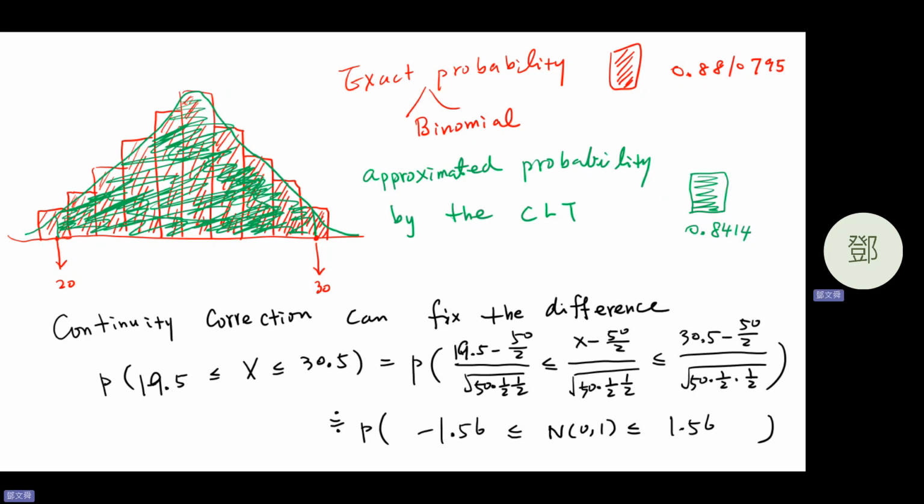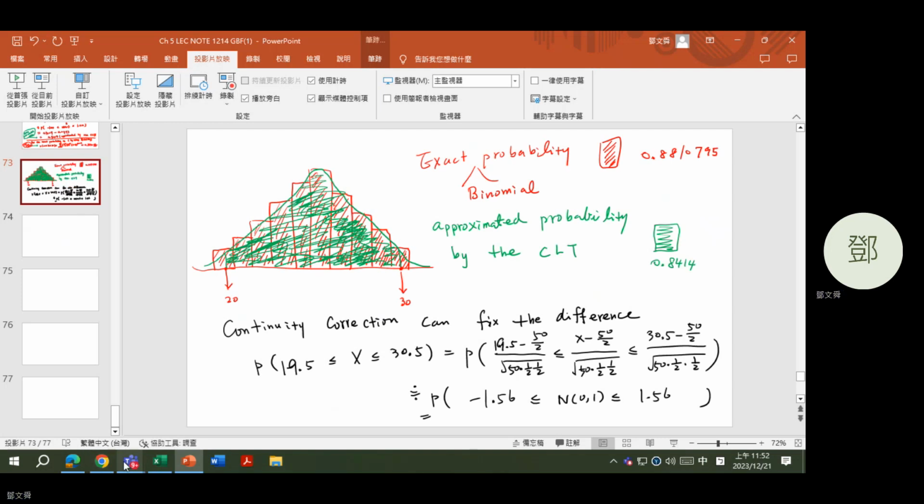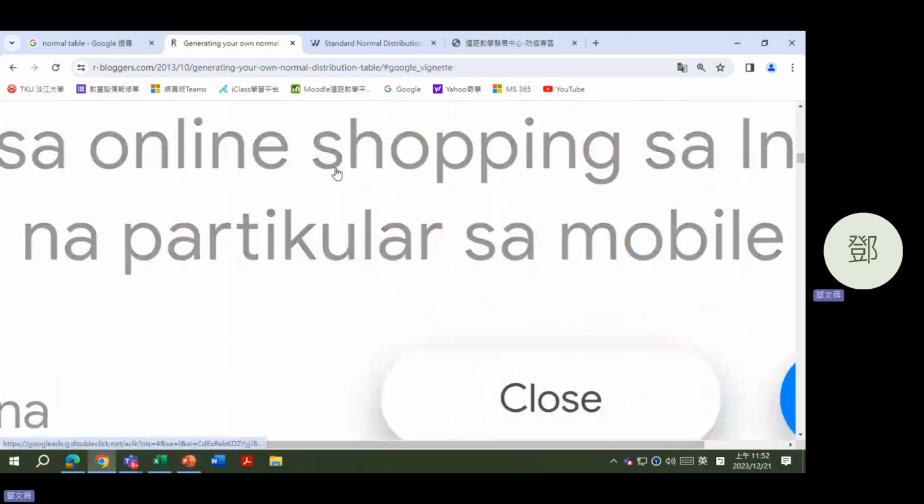So what is the probability? Please go back to the table again, the normal table here. 1.56.